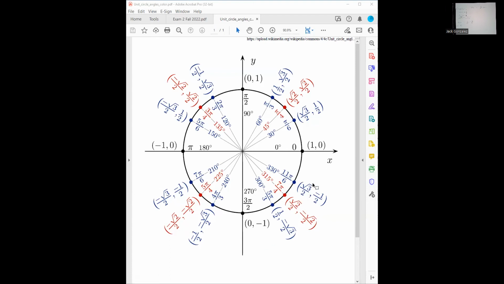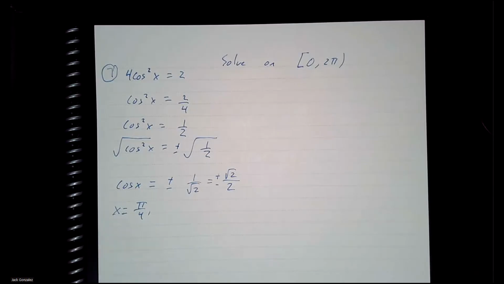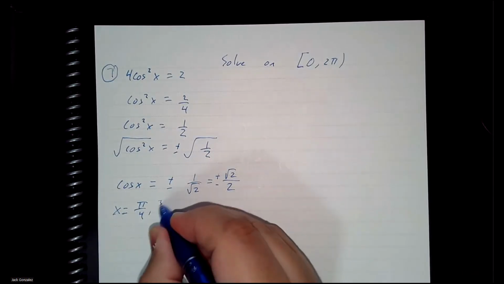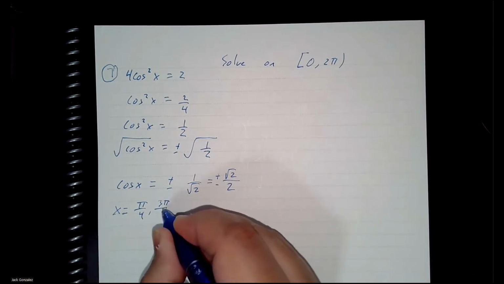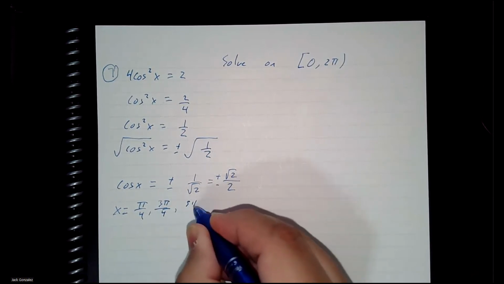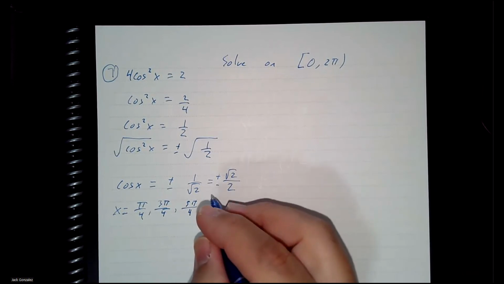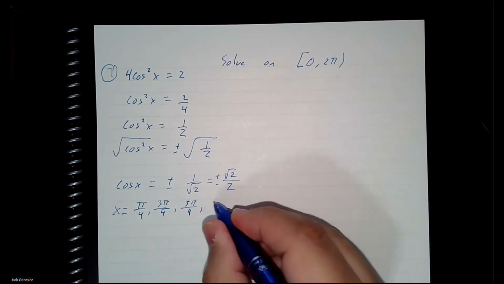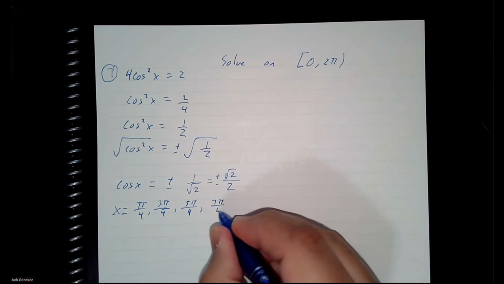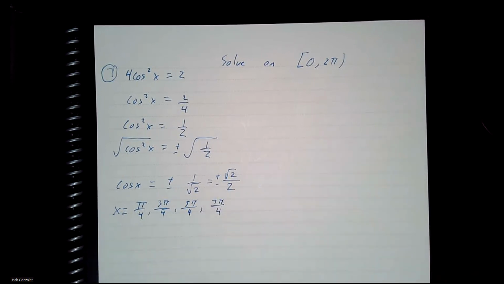Now we don't keep going because it said solve from 0 to 2 pi. So we stop right before a full period. So there's only 4 answers: pi, 3 pi, 5 pi, 7 pi, all over 4.